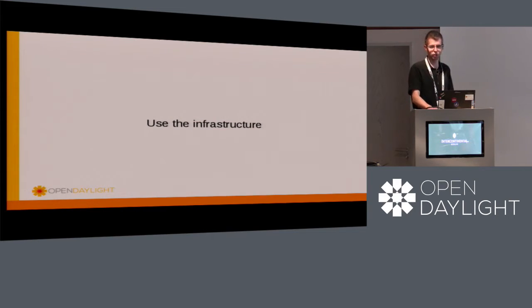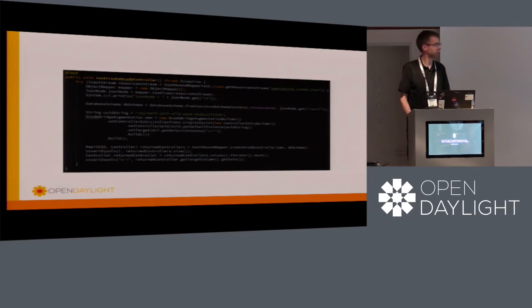But there's an awful lot of interesting stuff that you can use to make more relevant tests. For instance, we have a stub MD-SAL implementation that can be used in tests. This is an example of a test that tries to do operations against the MD-SAL, so the data store in OpenDaylight, and it fakes stuff.